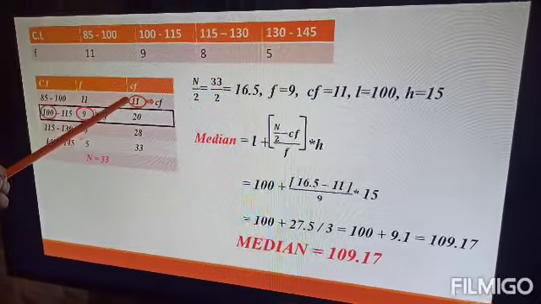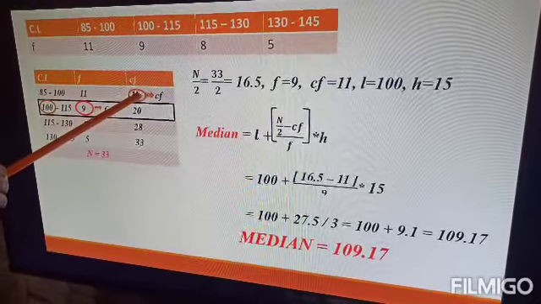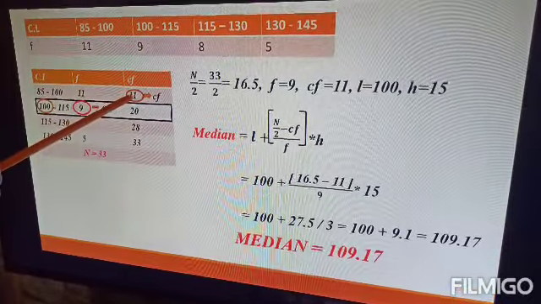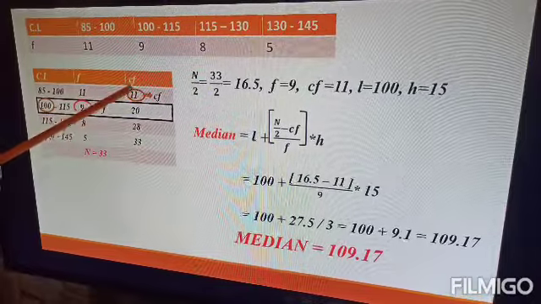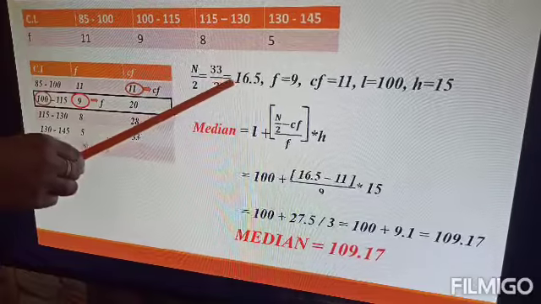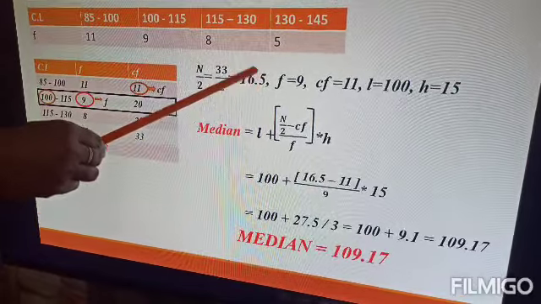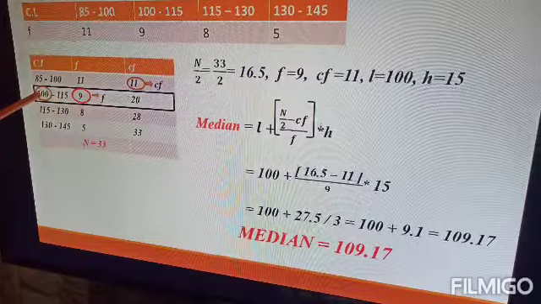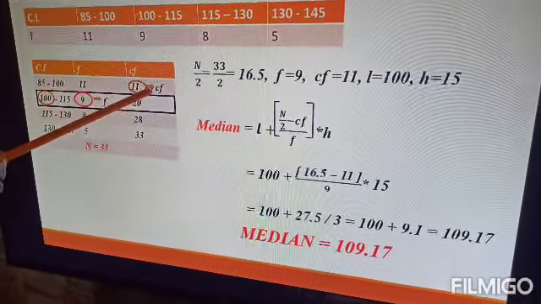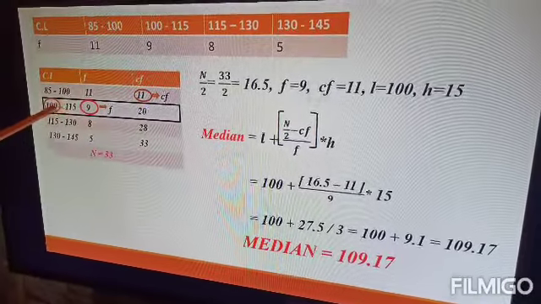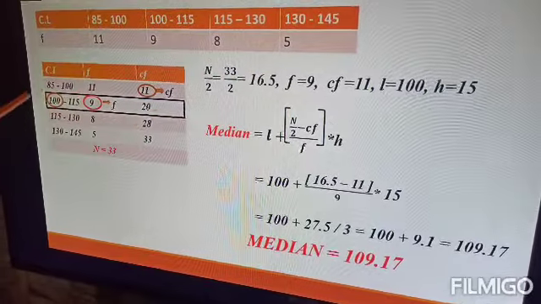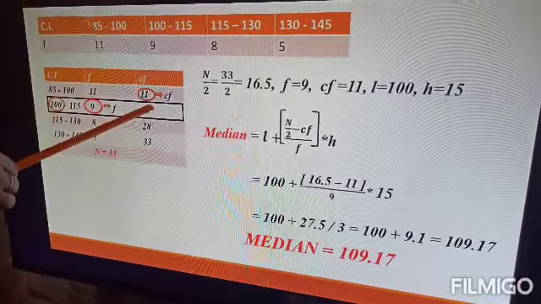See, first cumulative is 11. That is up to 11 belongs to the first class. Next, more than 11 up to 20 belongs to the second class. Here we got N by 2 as 16.5, which belongs to the second class, because more than 11 up to 20 belongs to the second class. That's why 16.5 belongs to the second class interval.